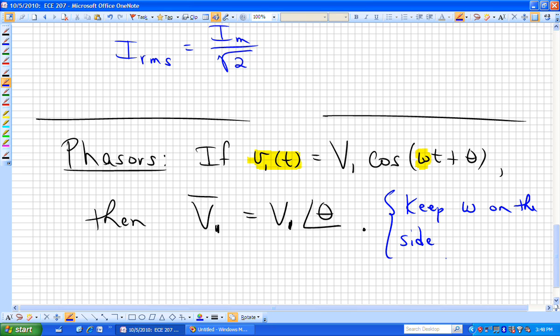So when you're ordering a salad, you might want your dressing on the side. If you want a phasor, you keep your omega on the side. Sorry. So keep omega on the side. Not of your table, but on your paper. Is that clear? Because that omega is going to be valuable. That omega is going to be used to find the complex impedances for our inductors and capacitors later, if we can get that far today.